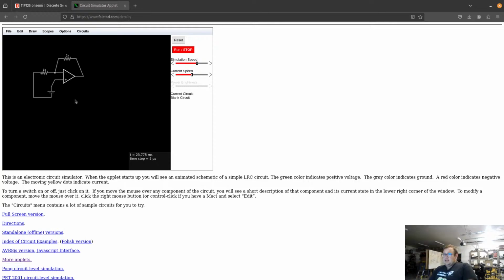So, again, from our understanding of op amps, we know that the voltage between these two wants to be the same. So right now, we're applying 5 volts to the positive input of the op amp. That means the negative input also wants to be 5 volts.